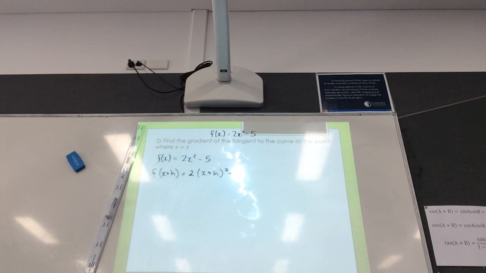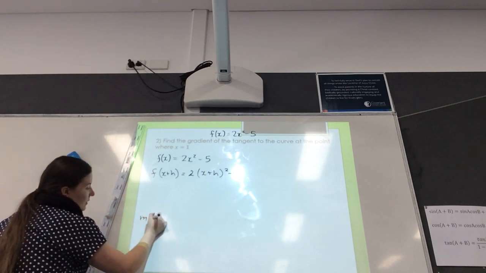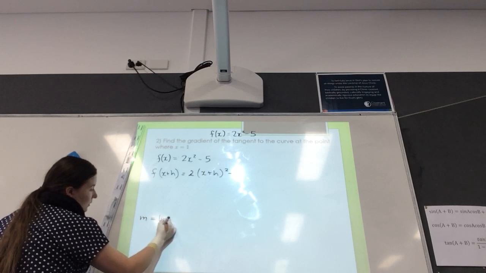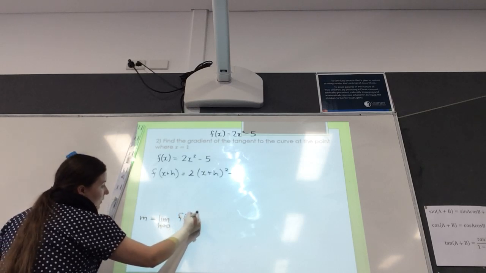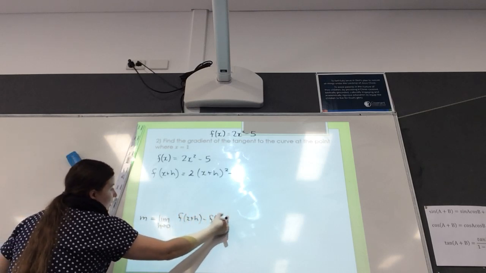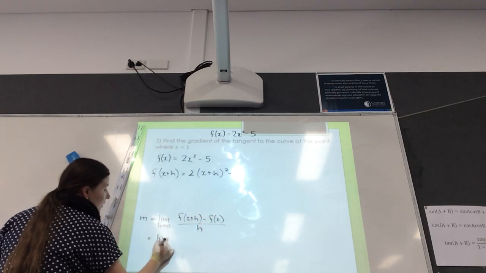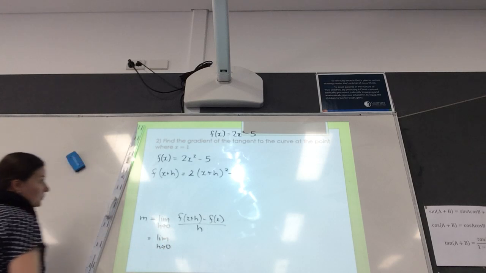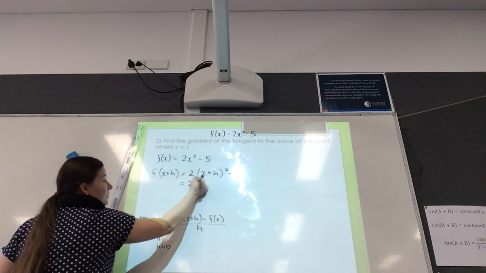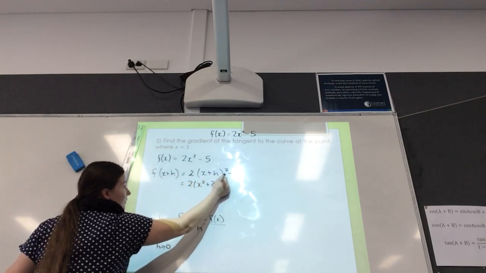Okay, you go ahead and expand and simplify, and then go and put that into your formula.